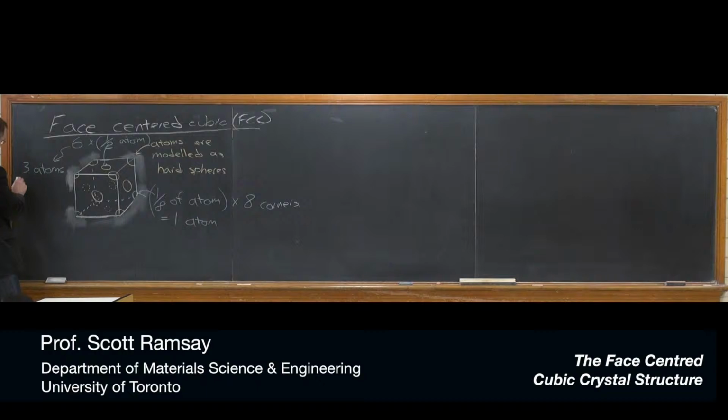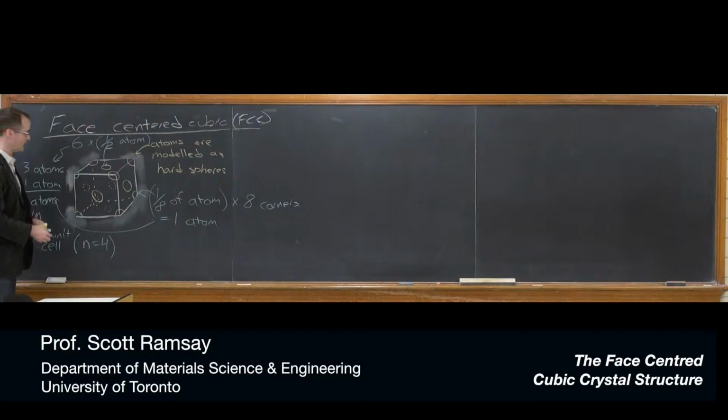So 3 atoms plus our 1 atom that we had over here gives us 4 atoms in an FCC unit cell. So that's a good number to keep in mind. And sometimes the notation that we use for that is n equals 4.